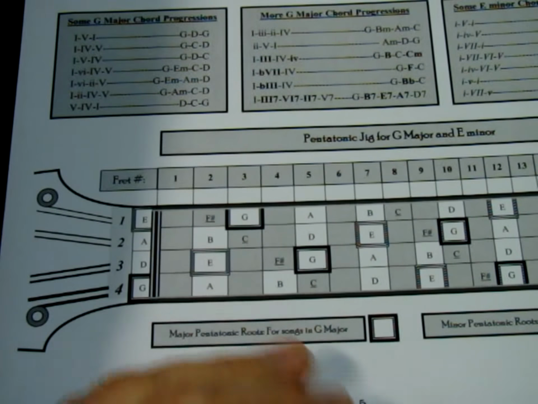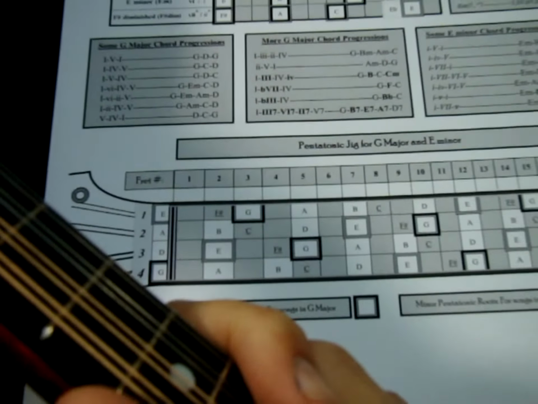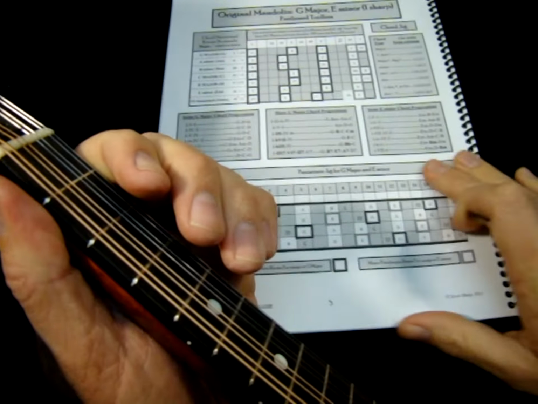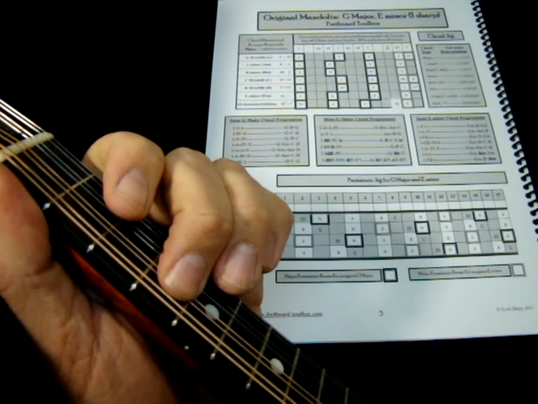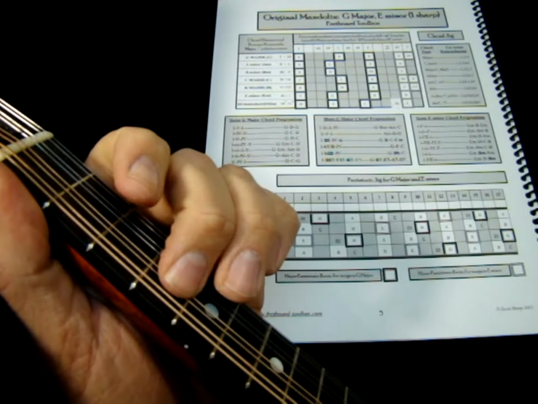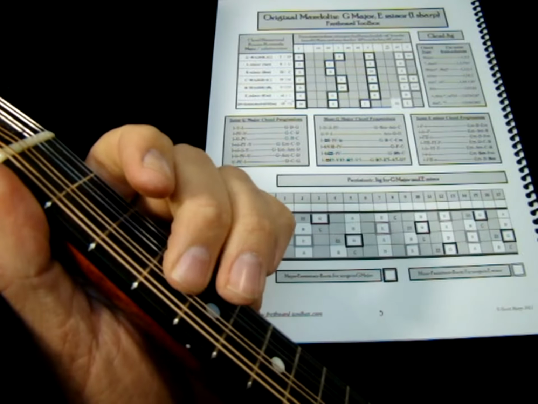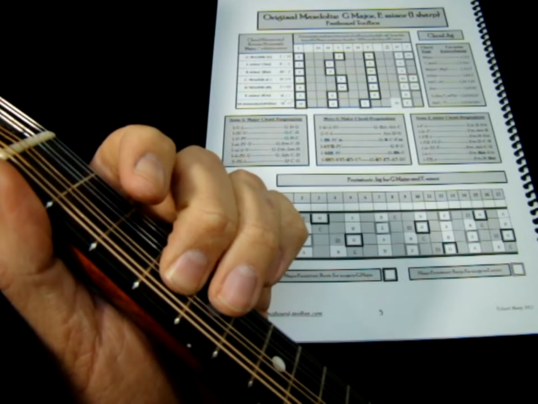So to play that D major arpeggio, you can go open D. And then listen to the sound going back to that G major.